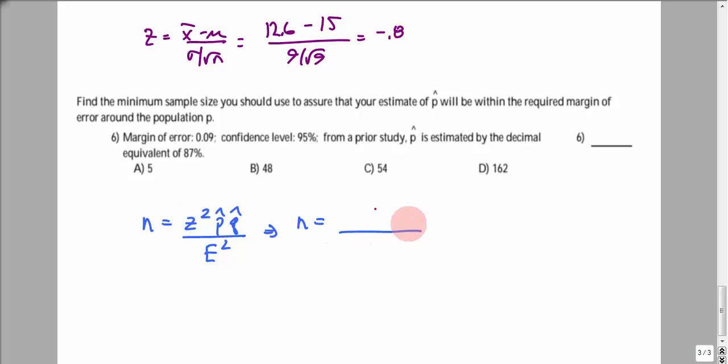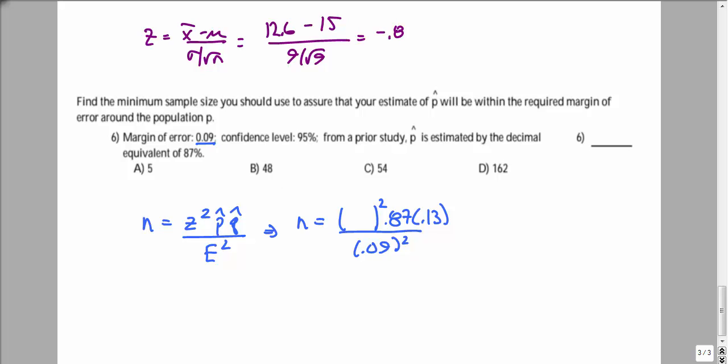So my error is pretty specific. They gave us that as 0.09. Now p hat is going to be given in this case. I don't have to divide anything, it's just given as 0.87. Q hat is the complement, meaning what makes this sum to 1, which would be 0.13 in this case. And then I need something about the z-score.